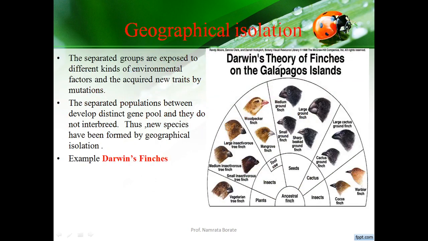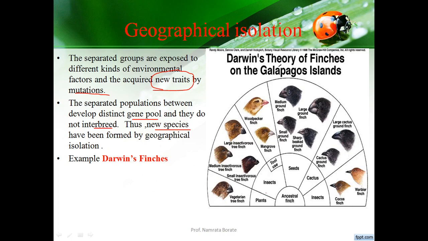The separated groups are exposed to different kinds of environmental factors and acquire new traits, meaning new characteristics formed due to mutation. The separated population develops a distinct gene pool and they do not interbreed. Thus new species are formed by geographical isolation.